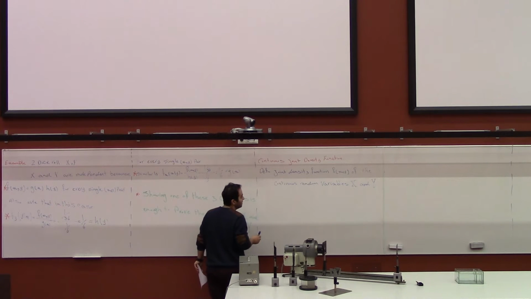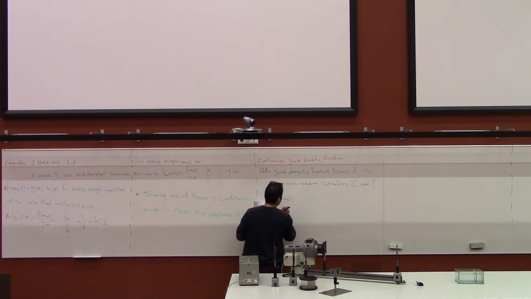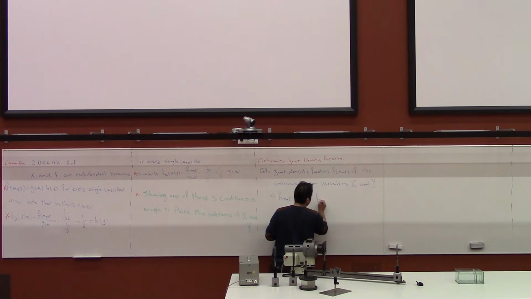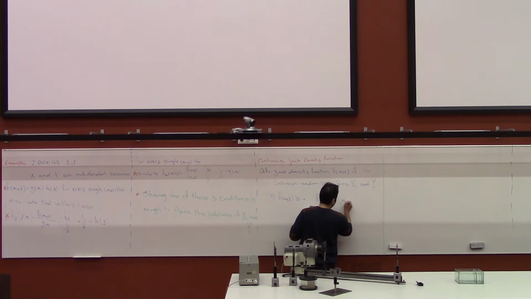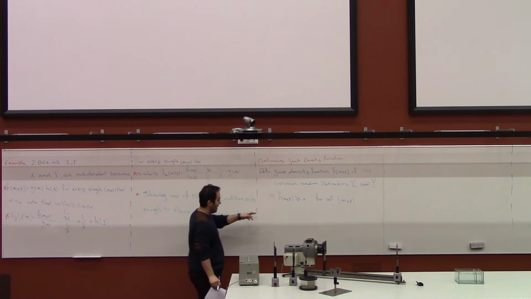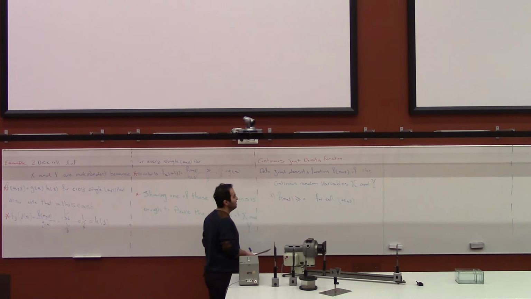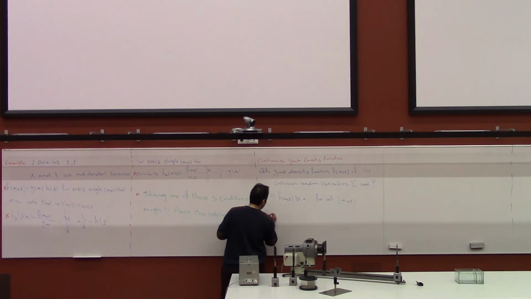Okay, we have two properties. The first is f(x, y) greater than or equal to 0 for all values of x and y.